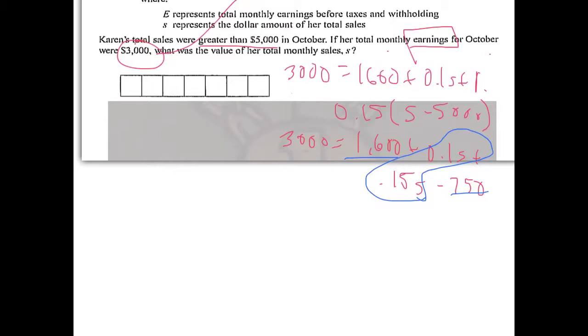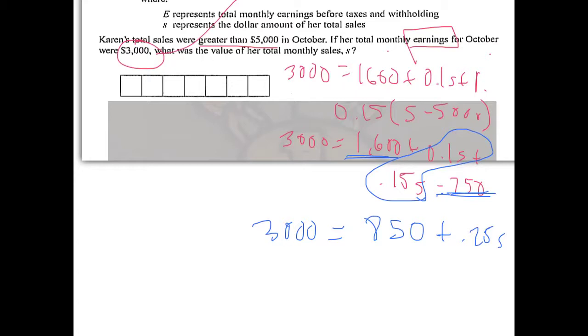If I do 1,600 minus 750, I get 850 for my numbers. Again, combining this and this. Make sure you don't forget that negative sign. And if I do 0.1 S plus negative 0.15 S, I'm going to have plus 0.25 S. That equals 3,000.